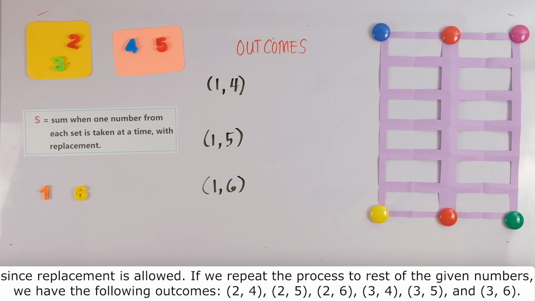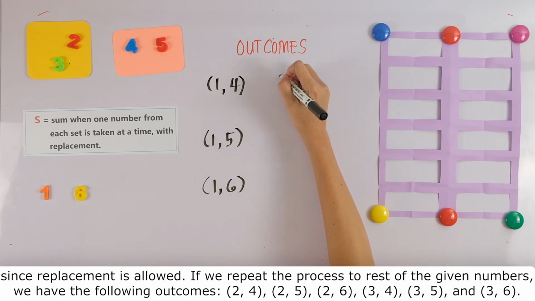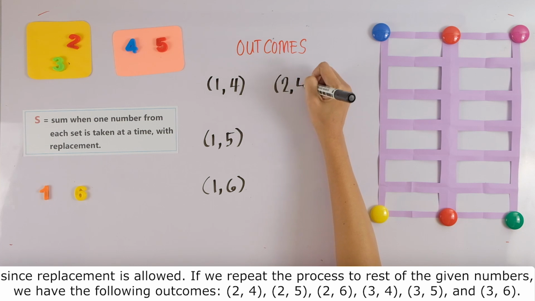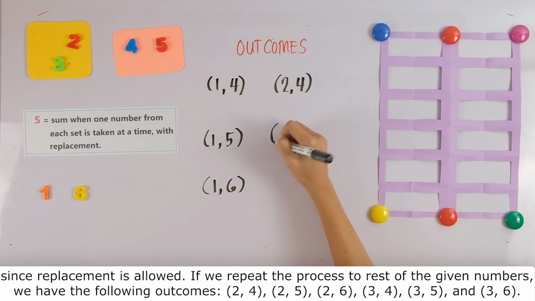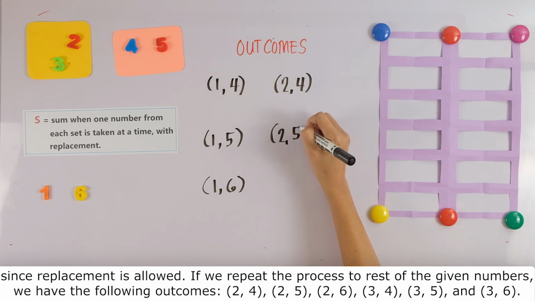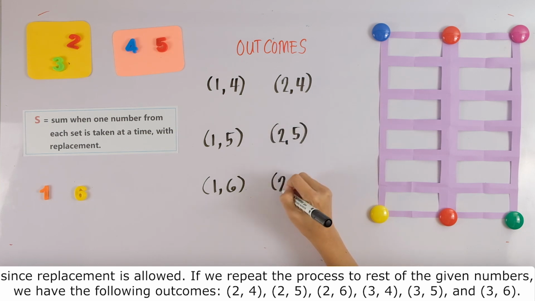If we repeat the process to the rest of the given numbers, noting that replacement is allowed, we have the following outcomes. We have 2 paired with 4, 2 paired with 5, 2 paired with 6.